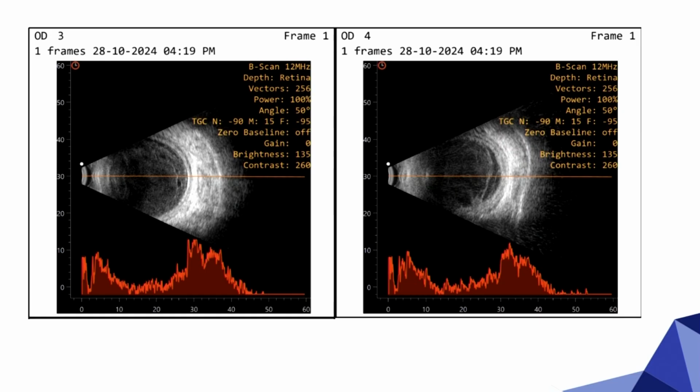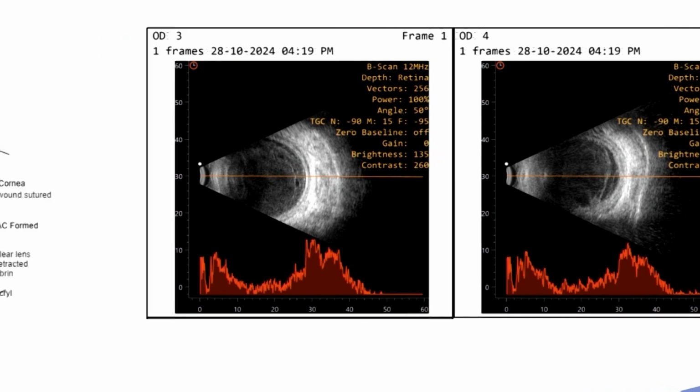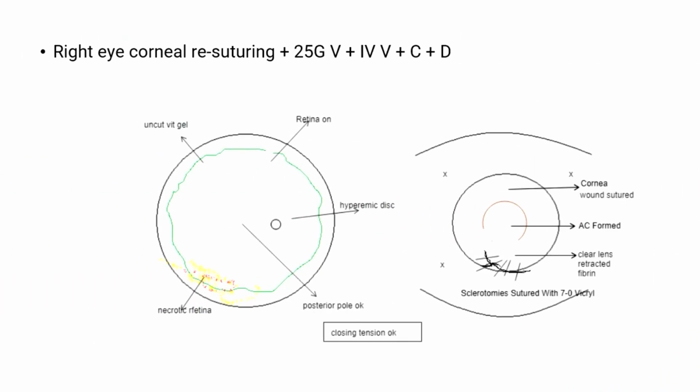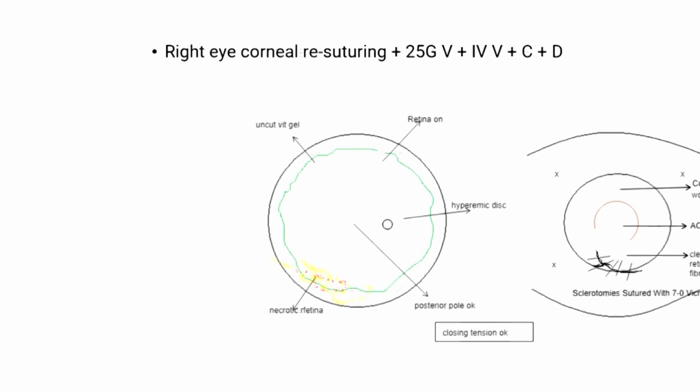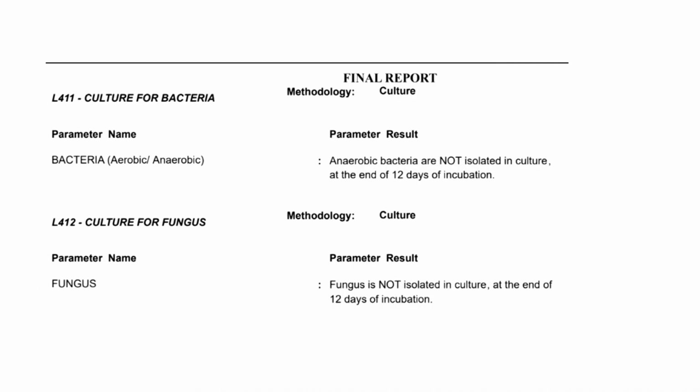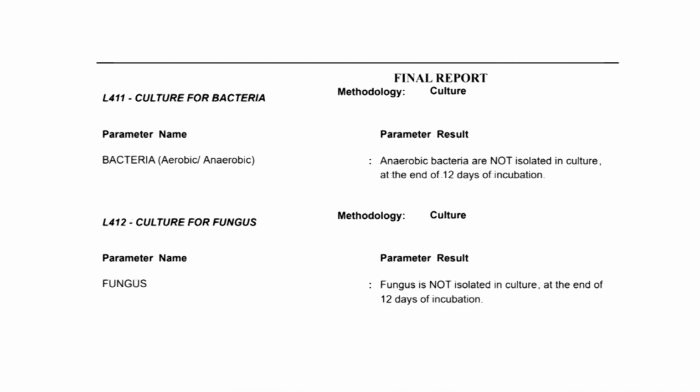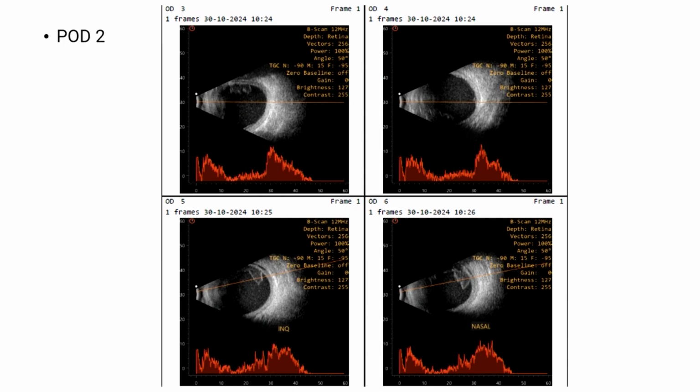The ultrasound showed dispersed, dense, low to moderate reflective echoes with incomplete PVD and an attached retina. We took her up for right eye corneal resuturing with a 25 gauge vitrectomy and intravitreal antibiotics. And the culture that was done here showed no growth. On post-op day 2, she was improving.